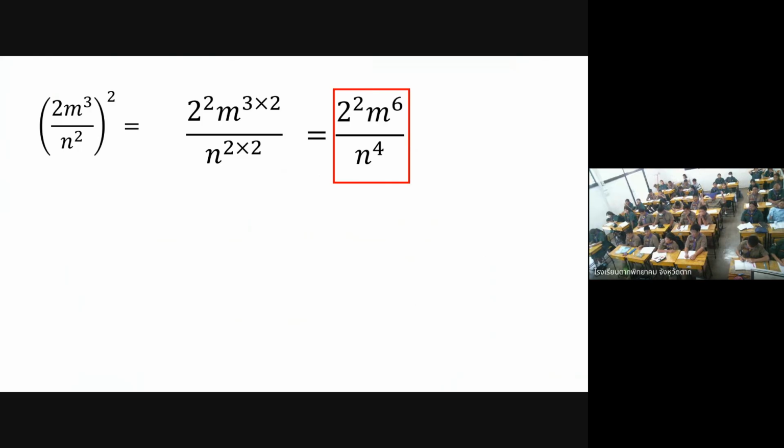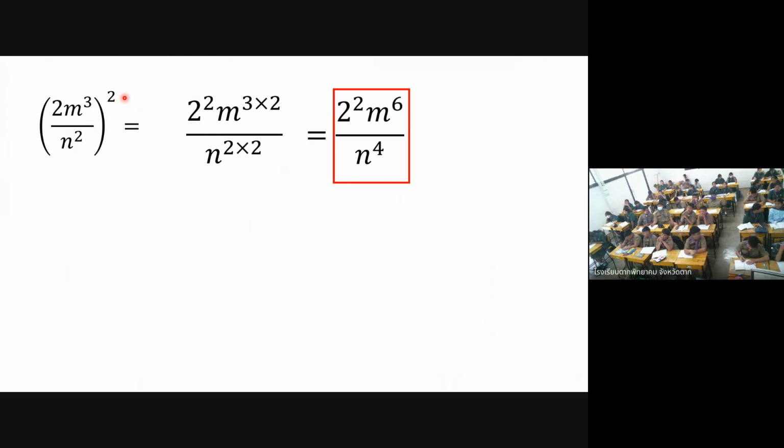Okay, again, this is n. Remember everyone, this is power 1. Summing up, 2 is power 1, and 1 times 2 is equal to 2. Now, this is 3 to the power.